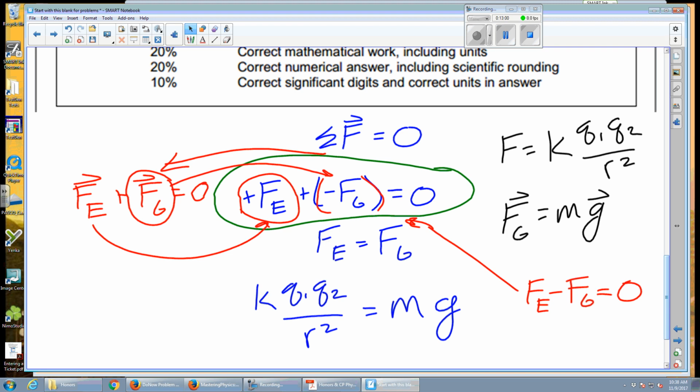I skipped that math step. You're right, I skipped some math steps in there. But I'm glad you asked, because if it makes sense now, that's better. Good. Okay. We ready to go forward?